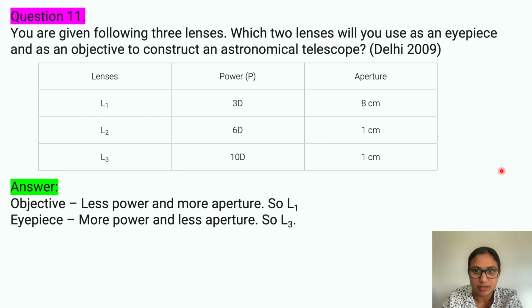The one facing the distant object is called the objective and has a large aperture and large focal length. The other is called the eyepiece, which is placed close to it. It has a small aperture and a small focal length. So the objective has less power and more aperture. So lens L1 is used. Eyepiece lens L3 is used.